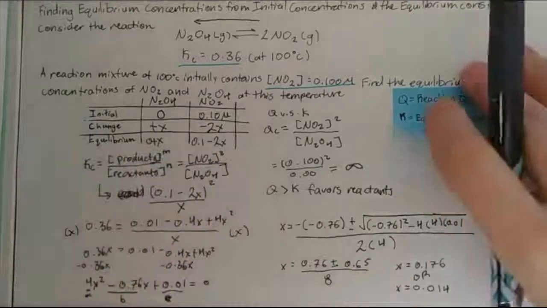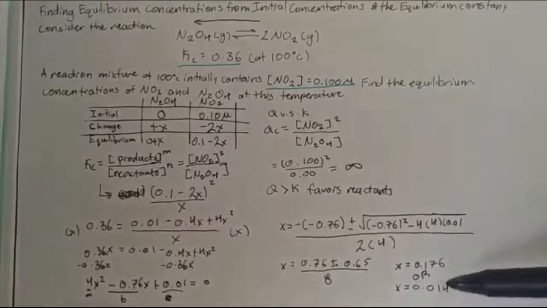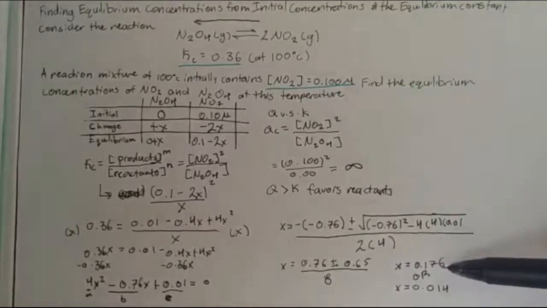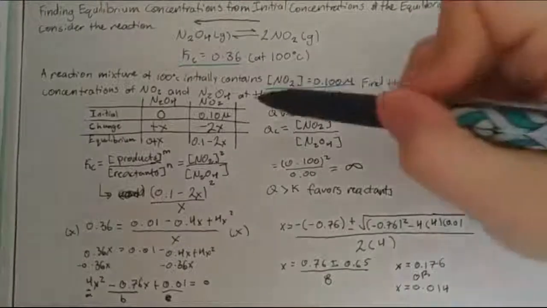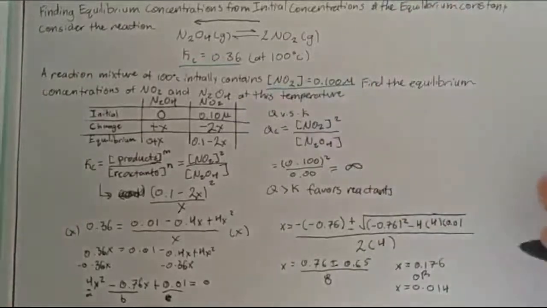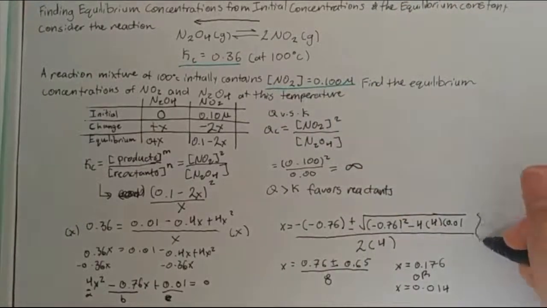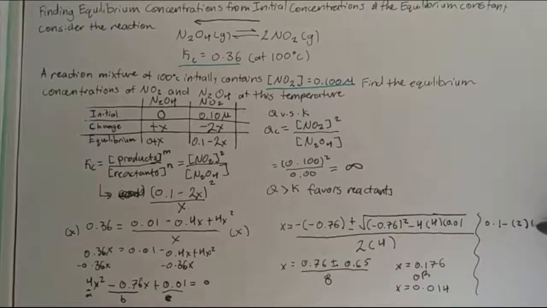All right, so let's first start out by using 0.176 for NO2. We should get 0.1 minus 2 times 0.176.